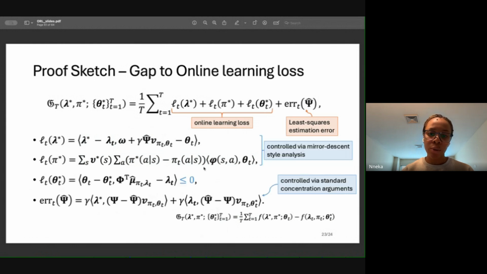We can easily control these two terms using the mirror descent analysis. And because we update theta_t greedily, this term is just upper bounded by 0. And the last term, which corresponds to the least squares estimation error of psi hat, can be controlled via a standard concentration argument.